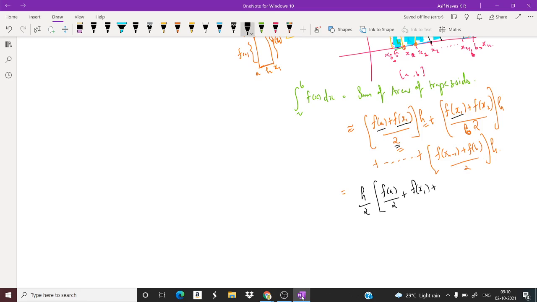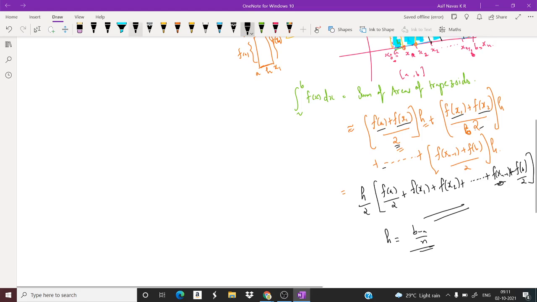Plus similarly here f of x2 by 2 and the other term also contains f of x2 by 2, that is f of x2, plus etc., f of xn minus 1, plus the last term f of b, which is only once, so f of b by 2. So this is the formula for finding numerical integration, where h is equal to b minus a by n.